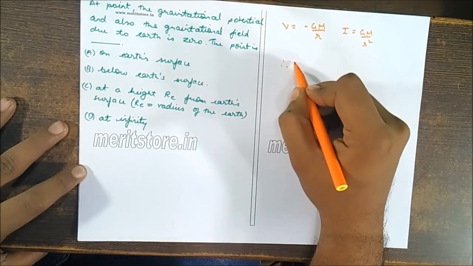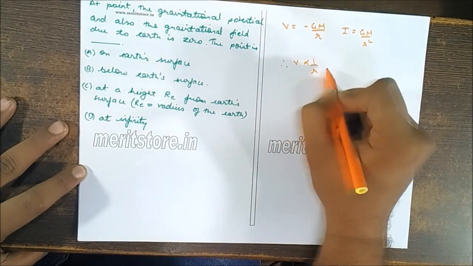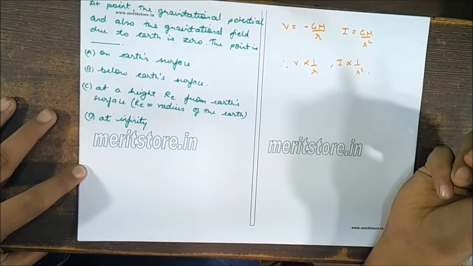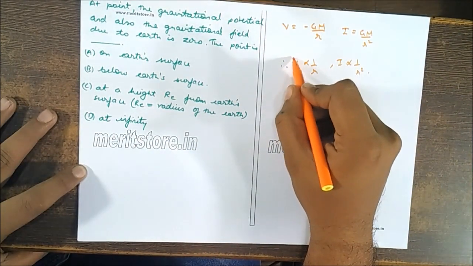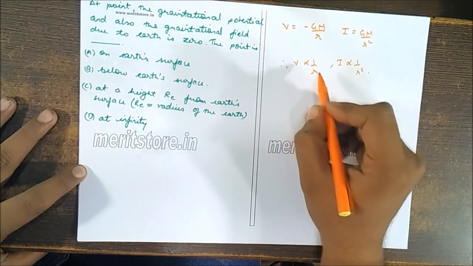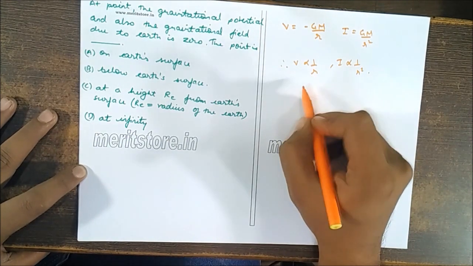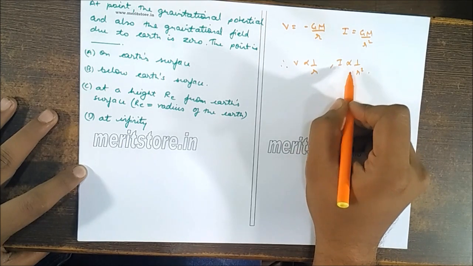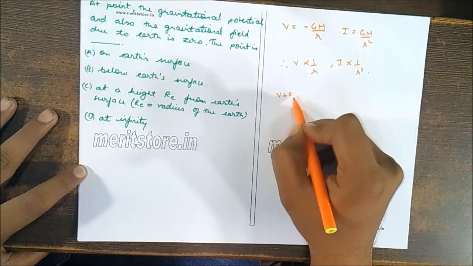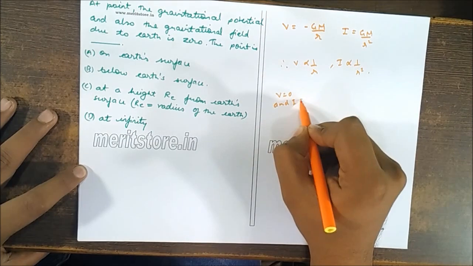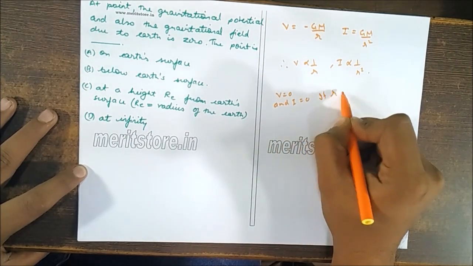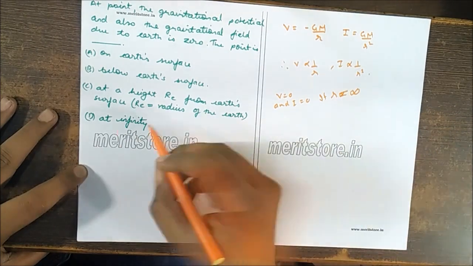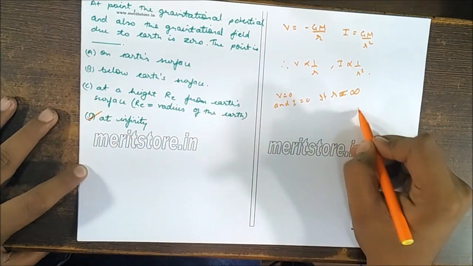Now from here we can see that V is inversely proportional to R, also I is inversely proportional to R square. So if V has to be 0, that means R has to be at infinity, and the same applies for the field. So V is equal to 0 and I is equal to 0 if R is equal to infinity. Option D.